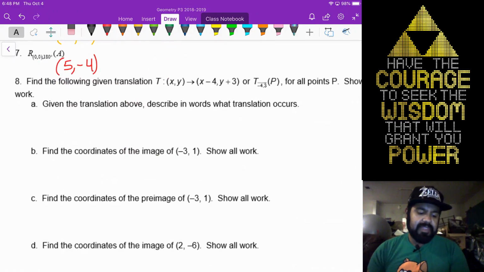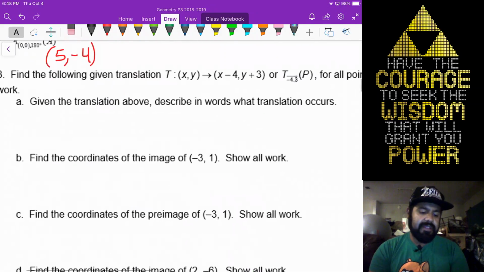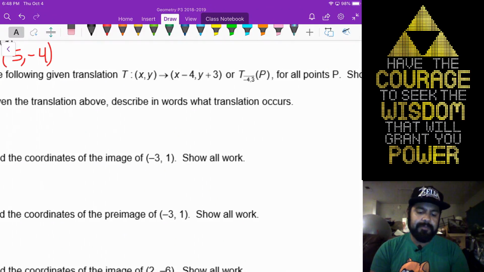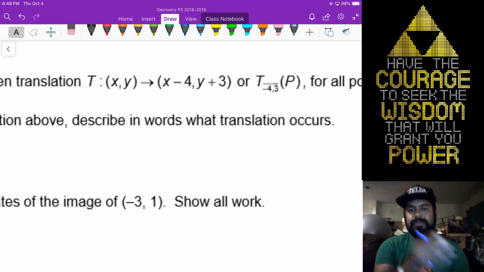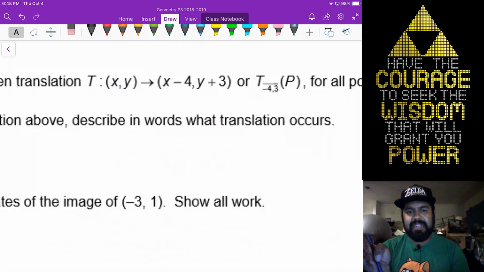All right, now looking at number 8, find the following transformations given either notation. So again, remember, pre-image is what happens before. So we do pre-algebra, which means set up a one-step equation. If you're finding the image, you're plugging the point into your equation.